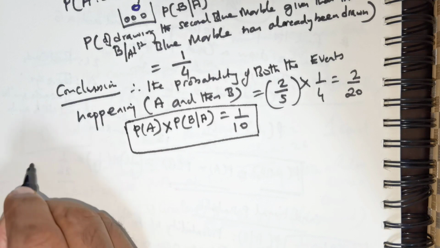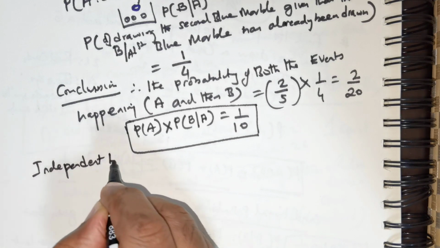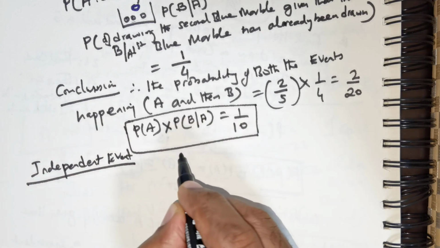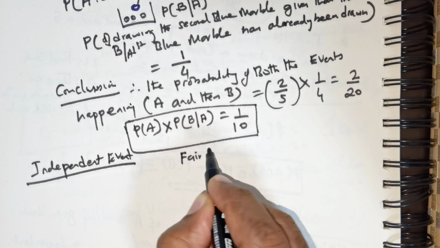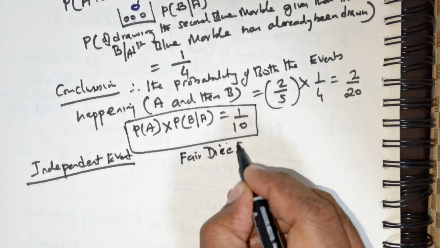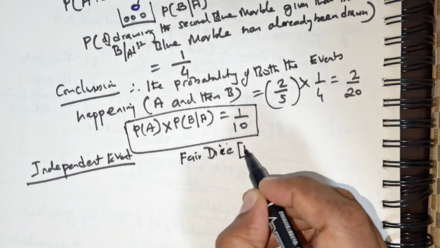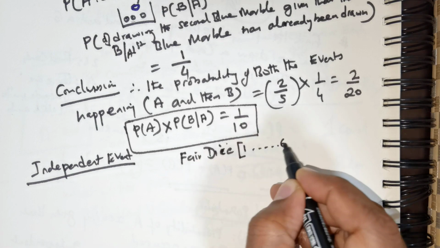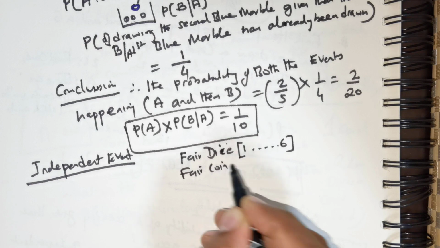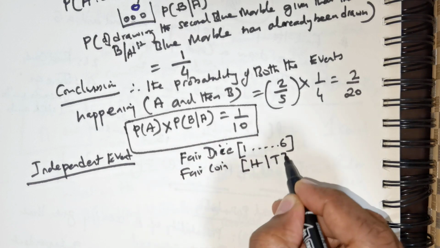Okay, now coming to independent events. On one hand, you got a fair die. Die, or dice, whatever you want to say, has a label from 1 up to 6. And then I got a fair coin. A fair coin has a head on one side and a tail on the other side.